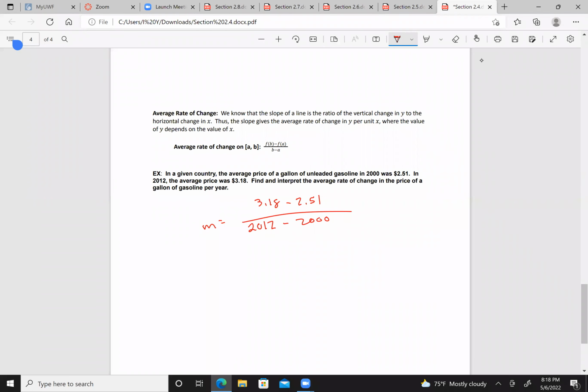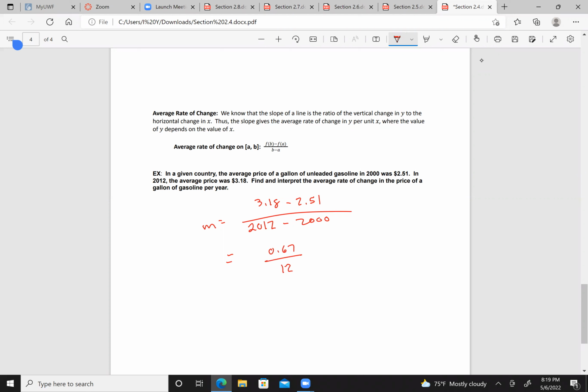So 3.18 minus 2.51 is equal to 0.67 over 12.